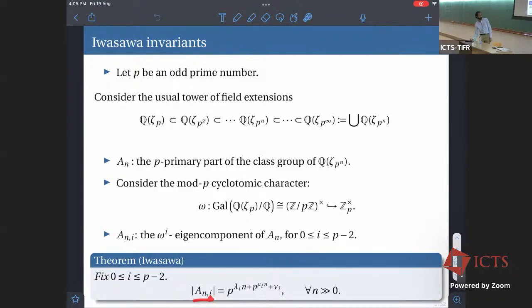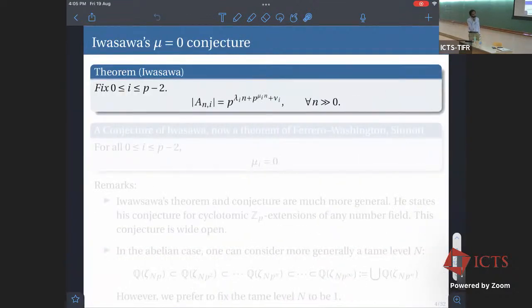So if you look at the exponent, there is a linear term λ, there is an exponential term μ, and there's this constant term ν. Okay, so this was sort of like the first main result that kickstarted this subject.